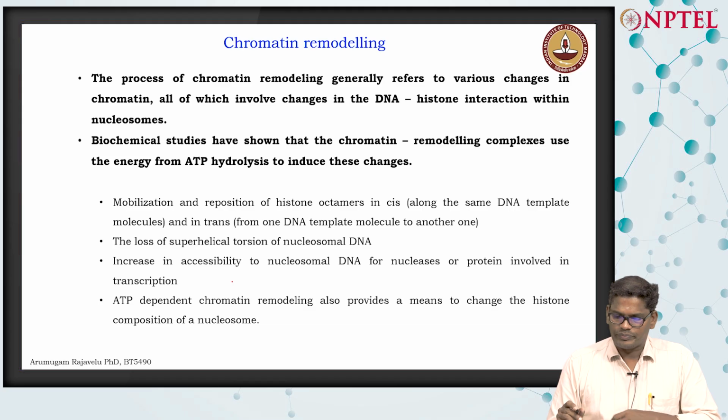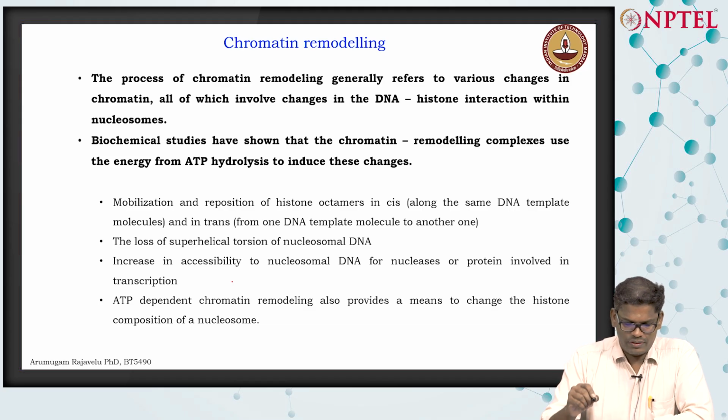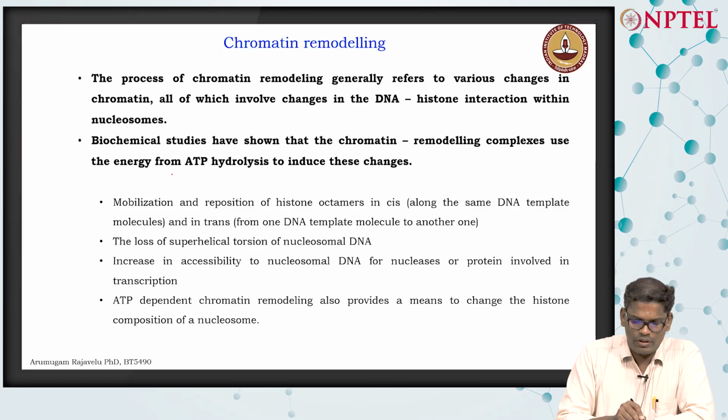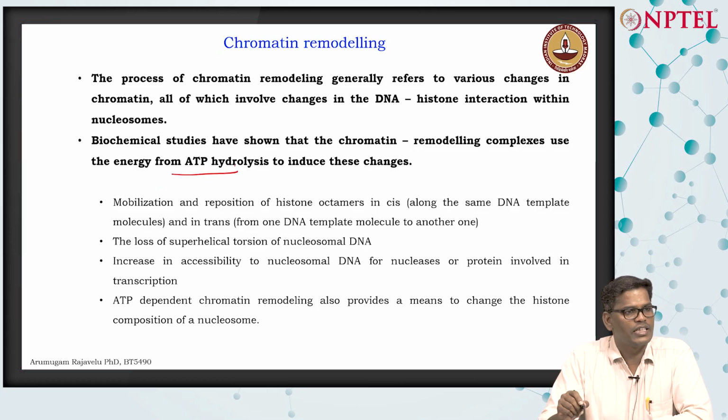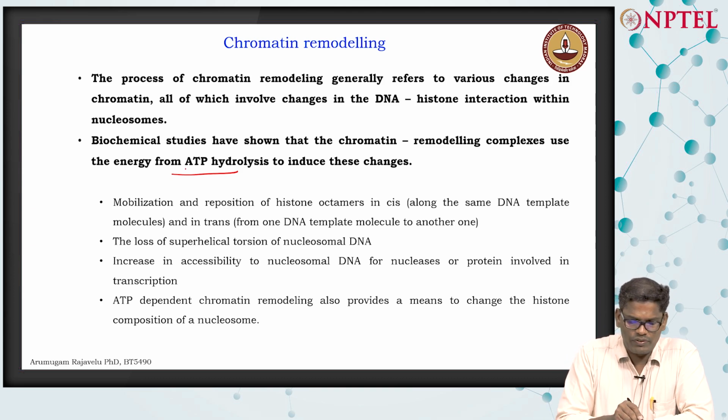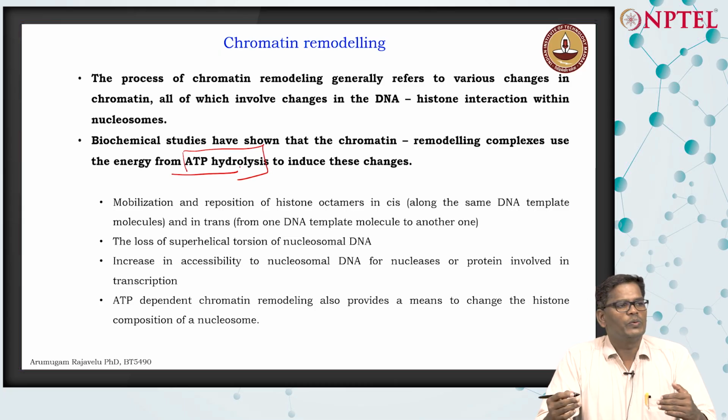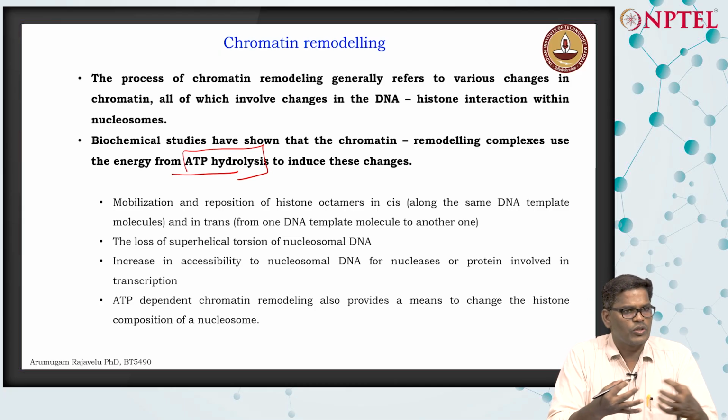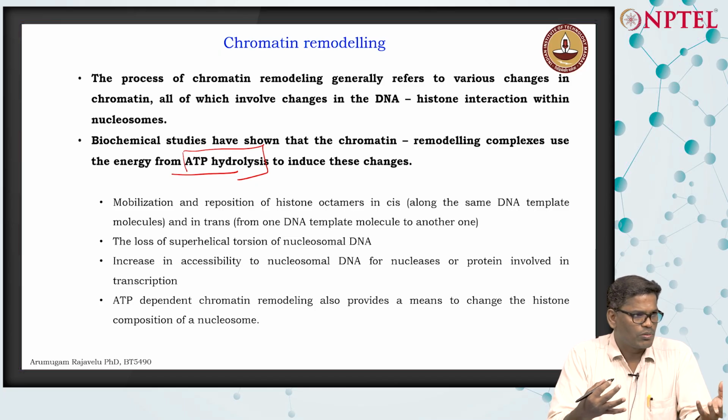In connection with remodeling, it acts at two levels. Simply by using an ATP-dependent manner, that is ATP-dependent chromatin remodeling. Most of the chromatin remodeling is taken care of this way. There is a group of proteins which come and contribute to this process. Mostly it doesn't remove the histone proteins out of the nucleosomes.